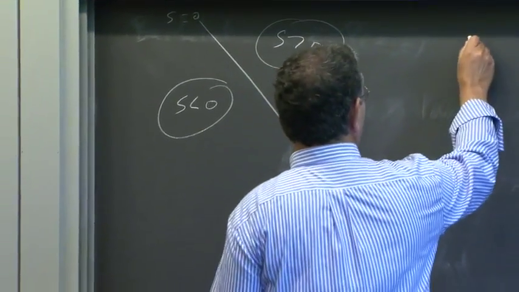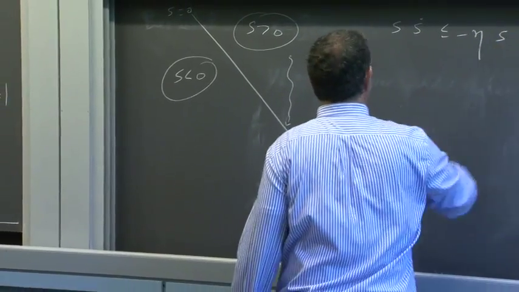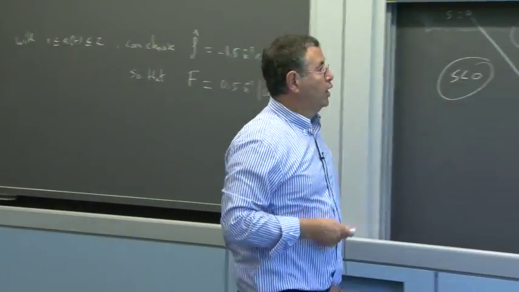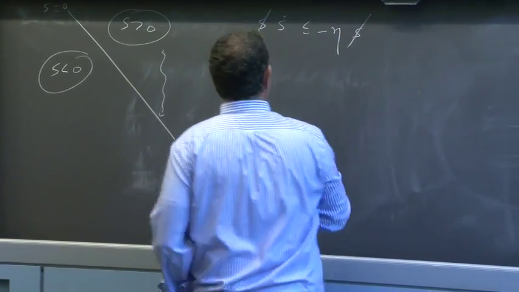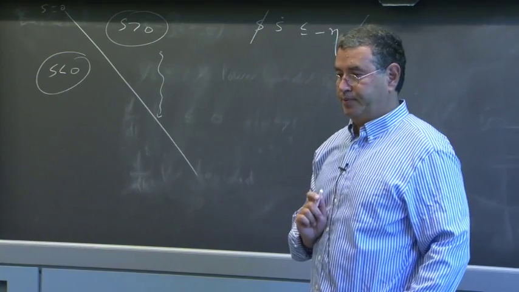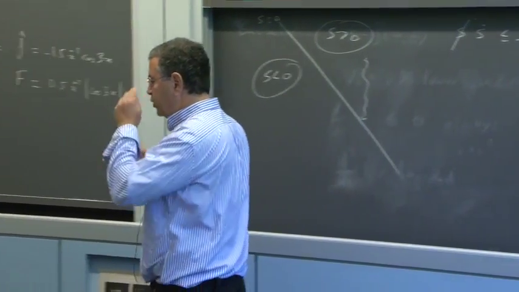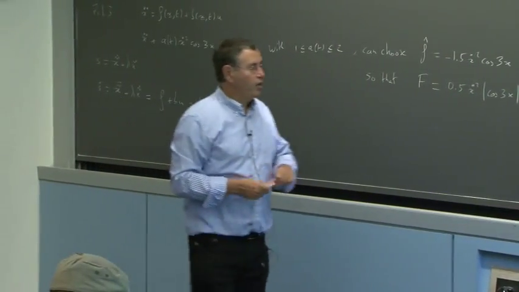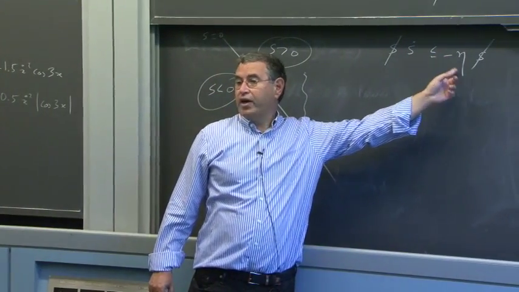So how can we write this equation? Well, it's s s dot less than minus eta absolute value of s, since s is positive. As long as s not equal to 0, we can write this as s dot less than minus eta. And so if you want, it's a little as in the asymptotic proof in Lyapunov theory, right? The derivative of s is always less than some finite negative number.